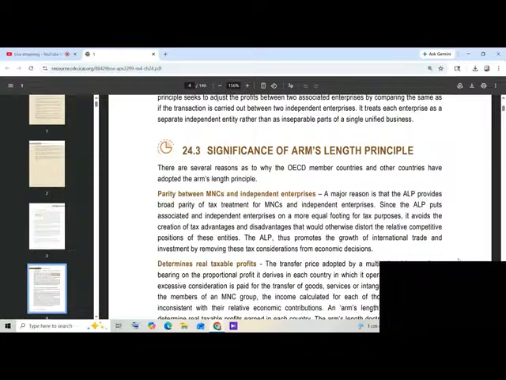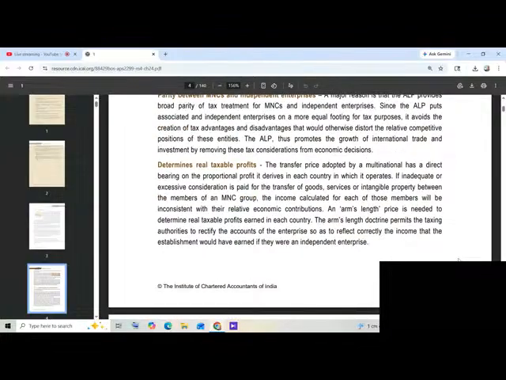Since it puts associated and independent enterprises on an equal footing for tax purposes, it avoids the creation of tax advantages and disadvantages that would otherwise distort the relative competitive positions of these entities. The arm's length principle thus promotes the growth of international trade and investment by removing these tax considerations from economic decisions. Second, determines real taxable profits.